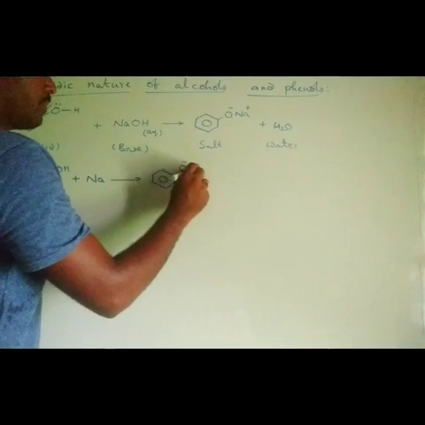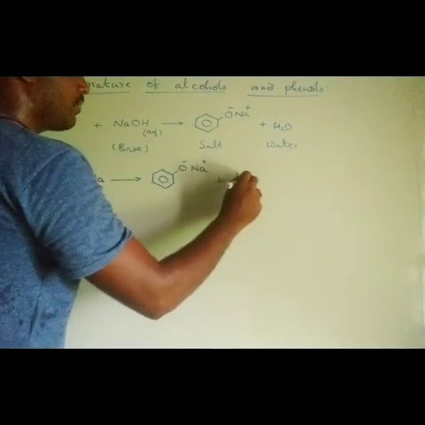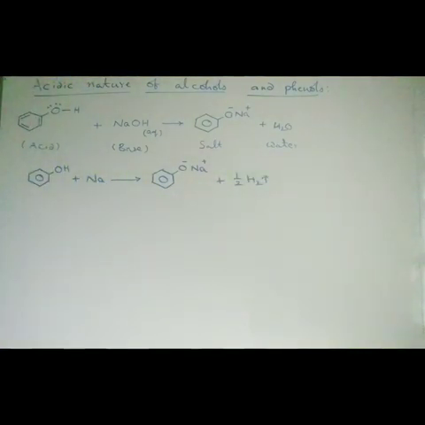Phenol forms sodium phenoxide and gives half mole of hydrogen gas. So it confirms that phenols are acidic in nature, and they can release an H plus ion when they are dissolved in a polar solvent.